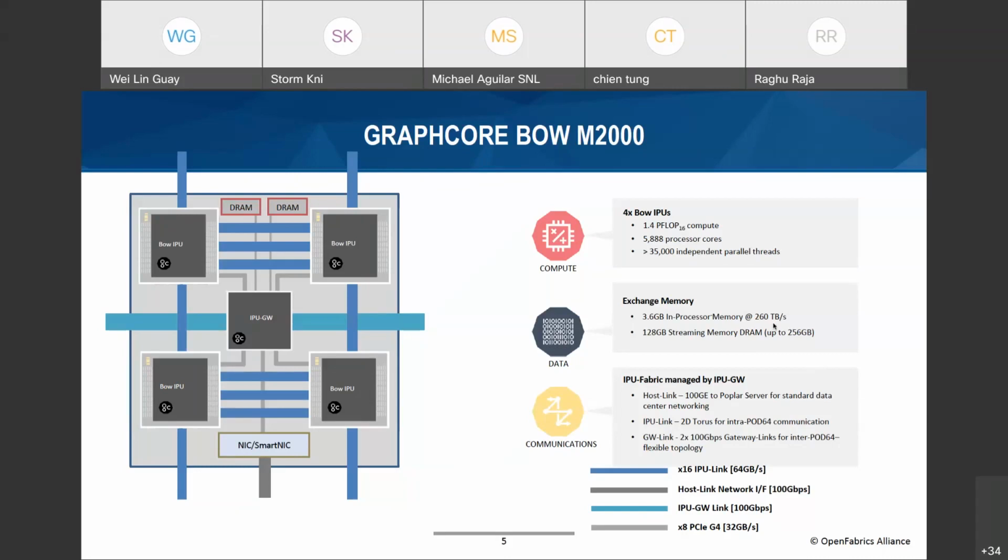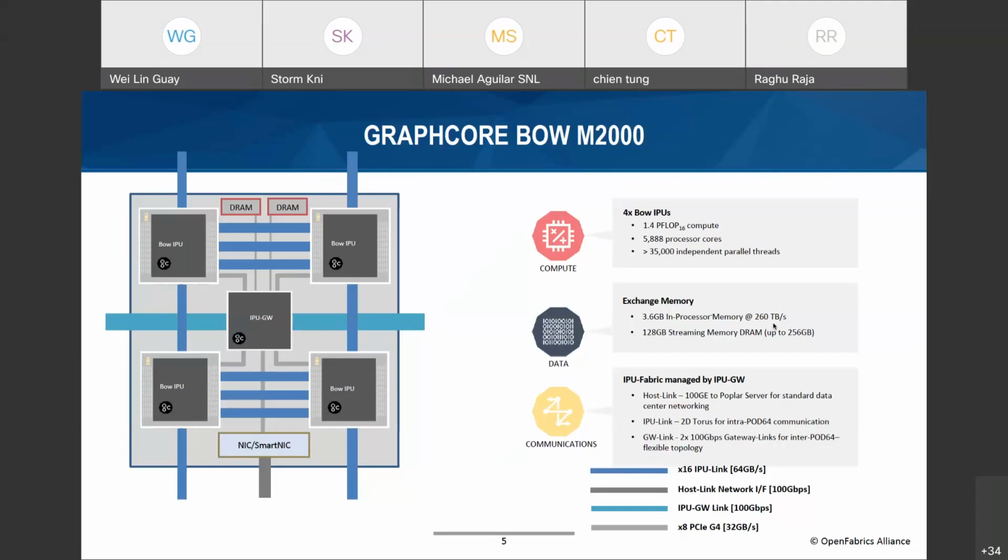In addition, as you can see in the middle there, we have the gateway that has its own DRAM memory, sorry, which we call the streaming memory. It has 128 GB of that.